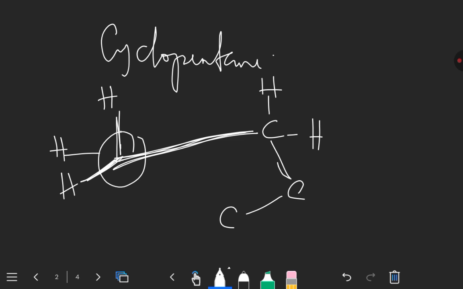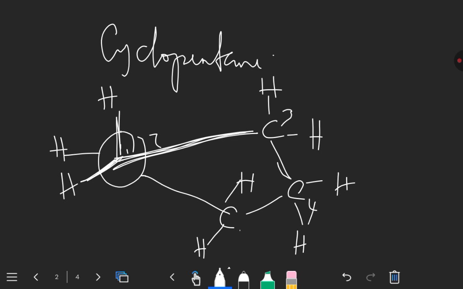We must have another carbon there. Then there will be that ring formation. Then with a hydrogen there, a hydrogen there, a hydrogen, and here a hydrogen. So you can count the number of carbon atoms: 1, 2, 3, 4, and 5. So this is cyclopentane, and we have drawn it in a Newman projection.